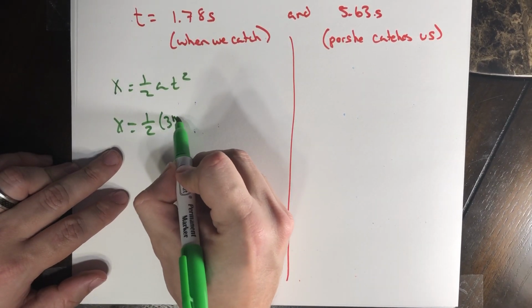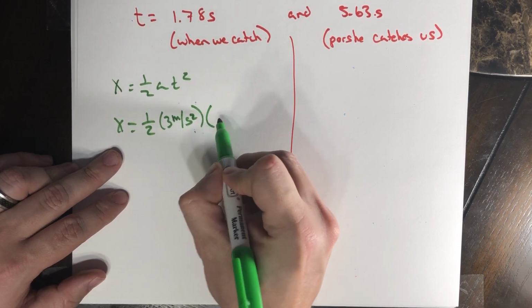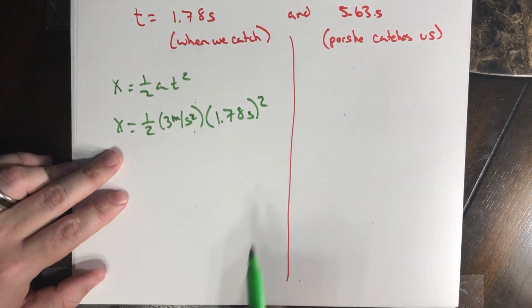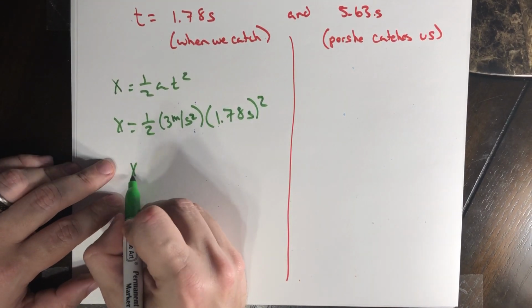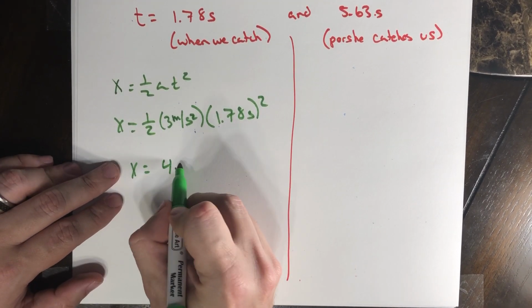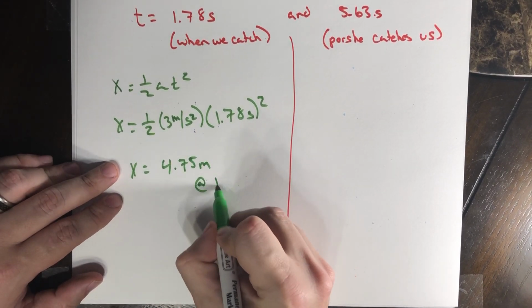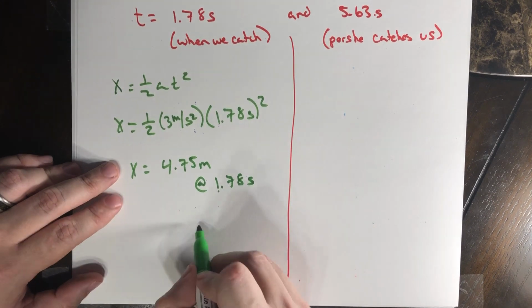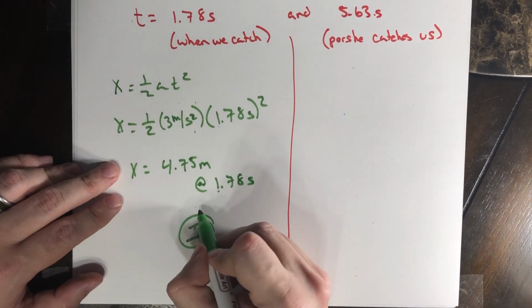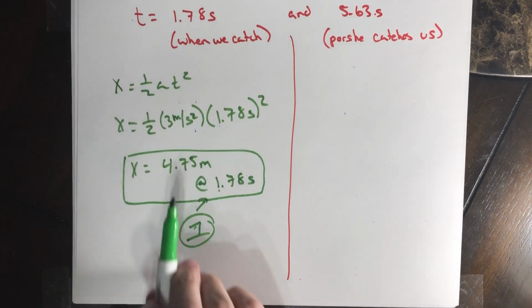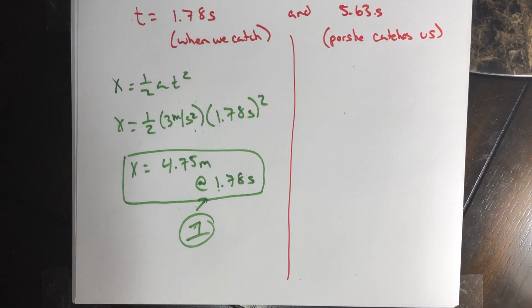Again, still at 3 meters per second squared. Now we have 1.78 seconds. We have to square it. That gives us a position of about 4.75 meters. So that's 4.75 meters at 1.78 seconds. So that is actually the answer to part 1. 1.78 seconds after the green light, we meet them at 4.75 meters past the green light.